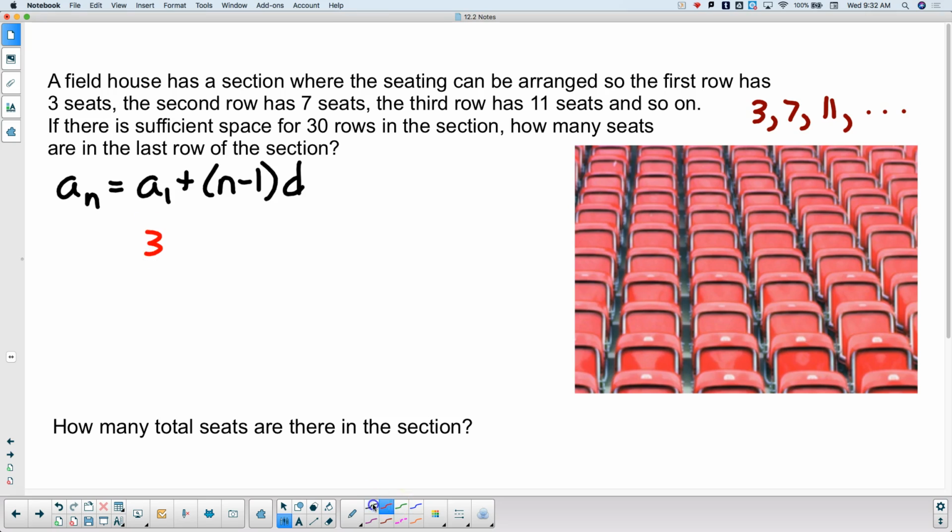I need to know how many rows there are because that's going to be n. How many rows? 30. I need to know the common difference between each row. 4.